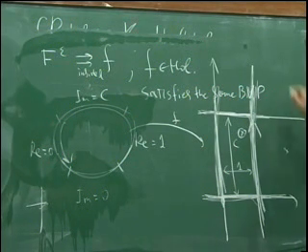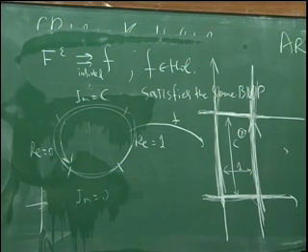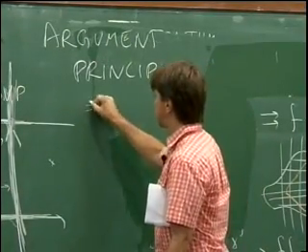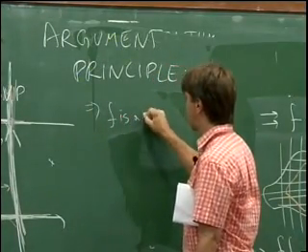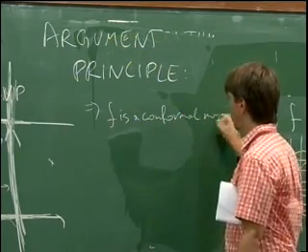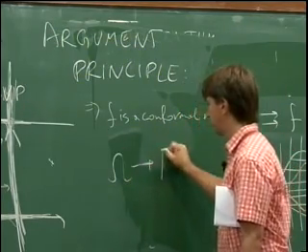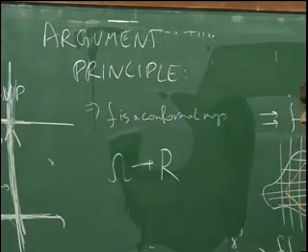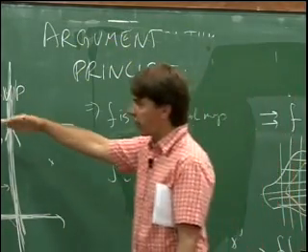So the argument principle implies that f is a conformal map from omega to this rectangle. And now, how do we determine the height of the rectangle?